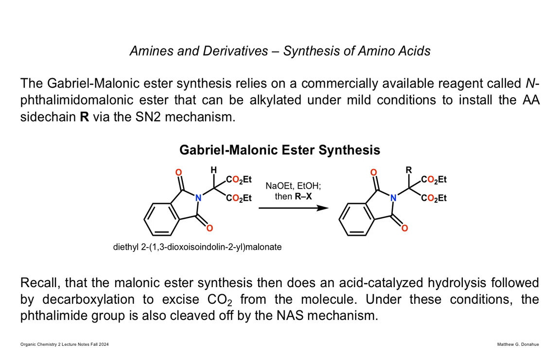Probably the easiest thing to do, because it gives you control of what your side chain is, is the Gabriel malonic ester synthesis. So the starting material on the left, this is commercially available.